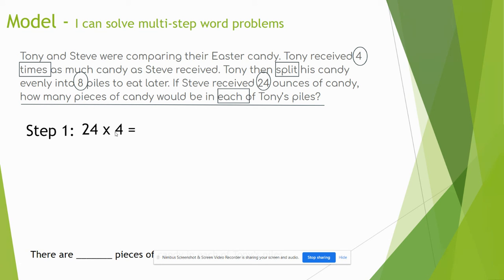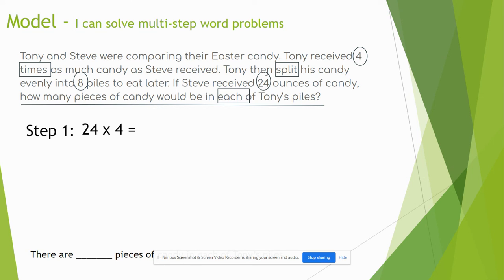So why am I doing 24 times 4 and not 4 times 8? Well, because it says Tony received 4 times as much as Steve. So that's where the 4 comes from. The 24 is we need to figure out how much Steve received. This split evenly into 8 piles has nothing to do with Steve. So we're going to skip on over.